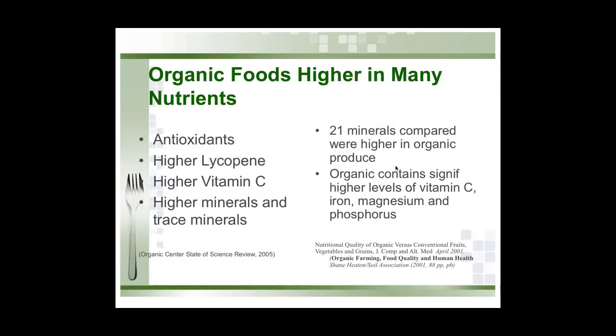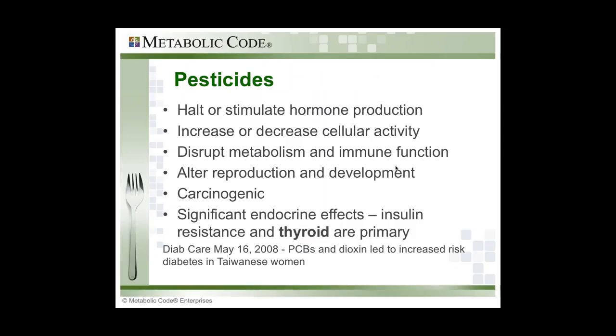For one, with organic foods, we're getting better nutrient intake, and that's going to help make sure that we're getting all the nutrients that we need for thyroid hormone production, among other things in the body. But we also want to make sure we're limiting our intake of pesticides.